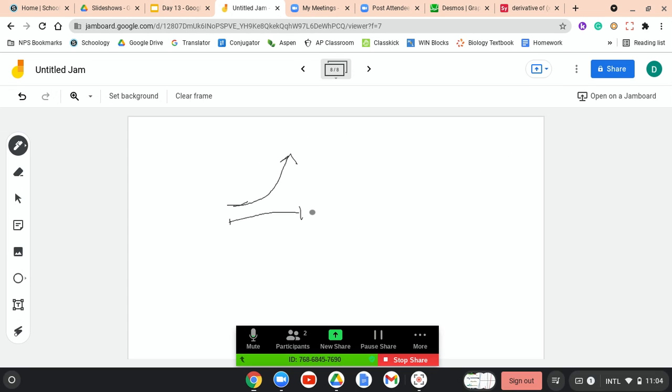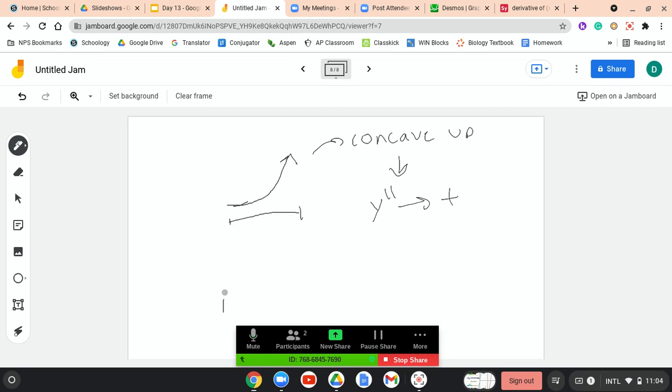Yes. So we call this shape concave up because you can see it's curving upwards. And when a function is concave up, that means the second derivative is positive, from what we outlined.